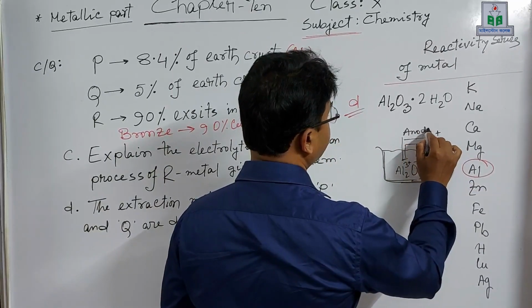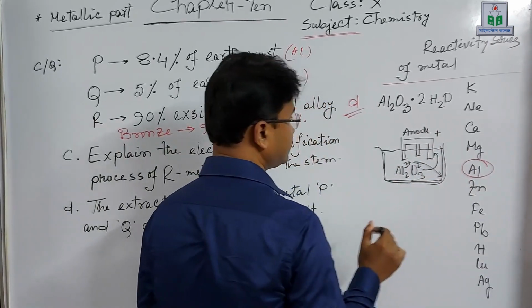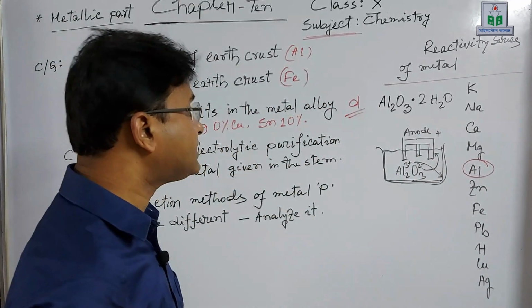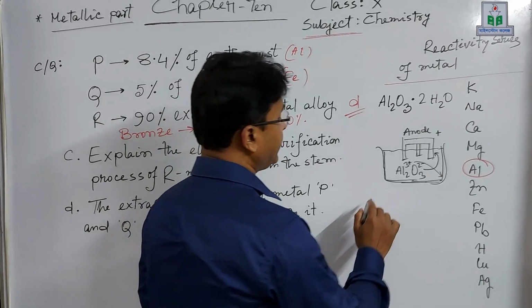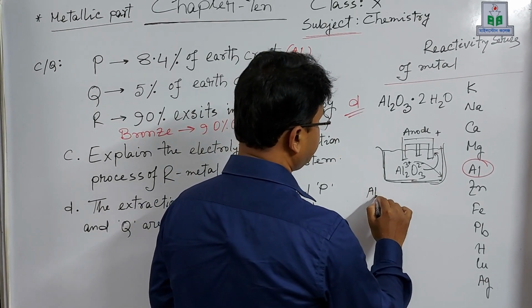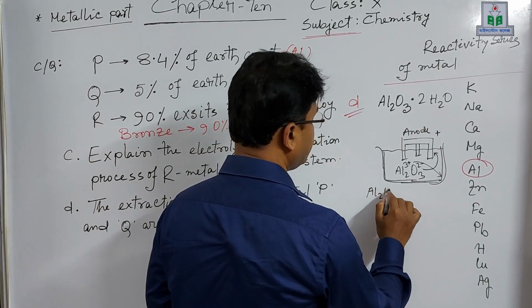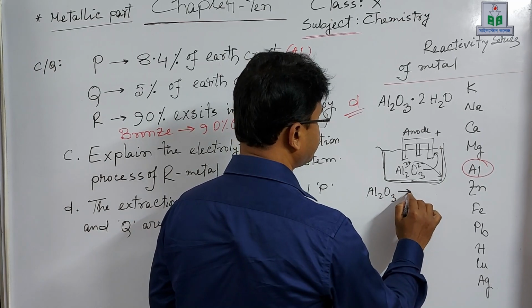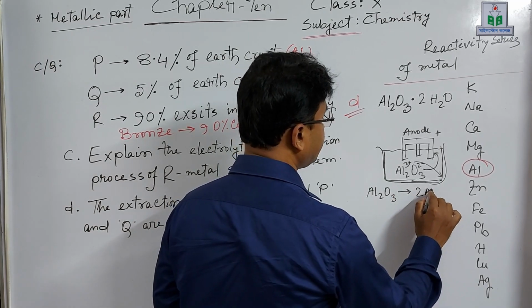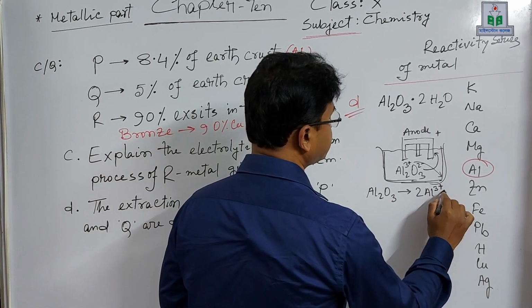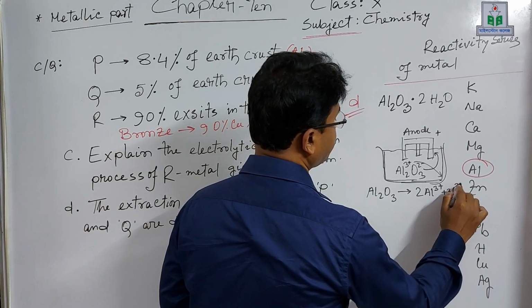Those are the anode, and the graphite layer is used as cathode. After passing electricity, aluminum oxide dissociates to produce aluminum metal and oxide ion.